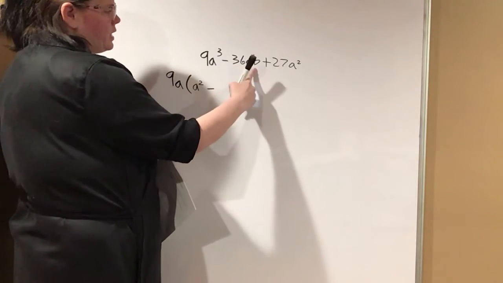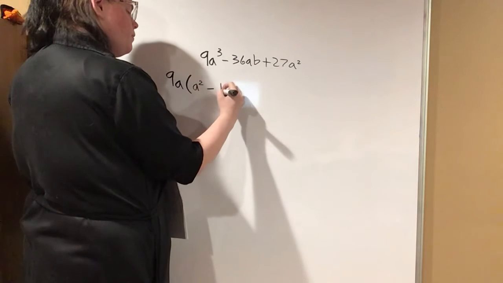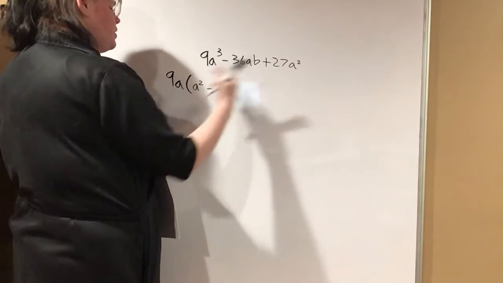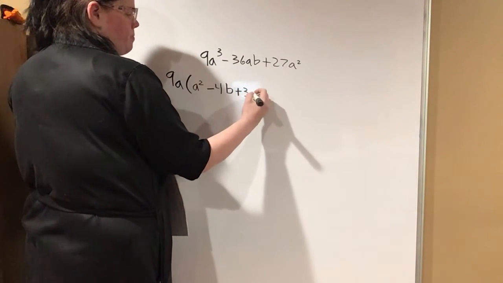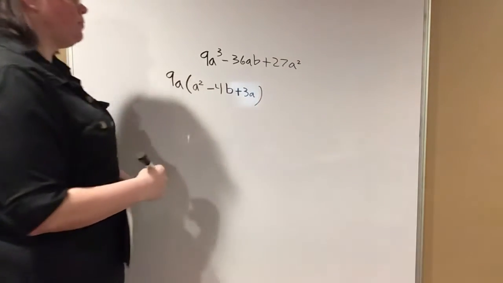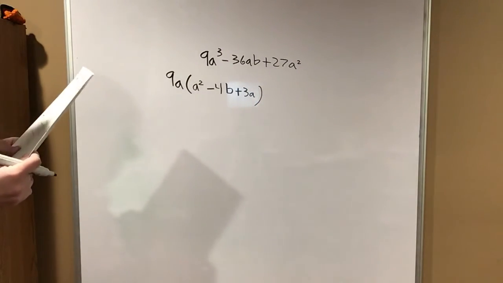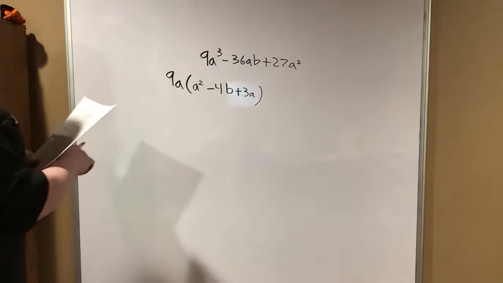Negative 36ab divided by 9a is 4b. 27a squared divided by 9a is 3a. And that is factored. I'm pulling stuff out to put it back in. Pretty much it.